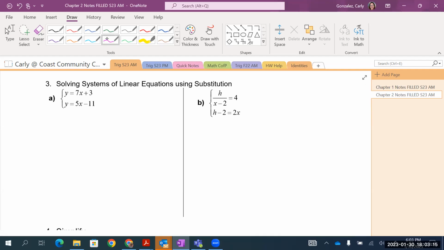The first step in using substitution is we want to isolate one variable. And once we isolate one variable, we will go ahead and plug that into the other equation.